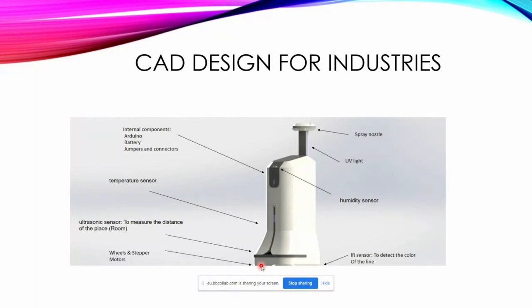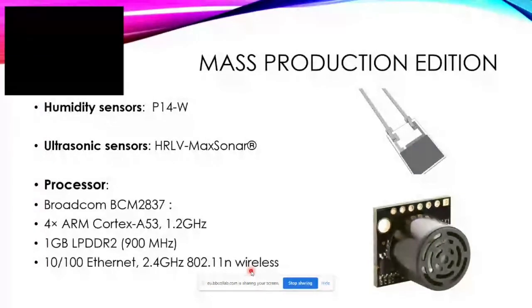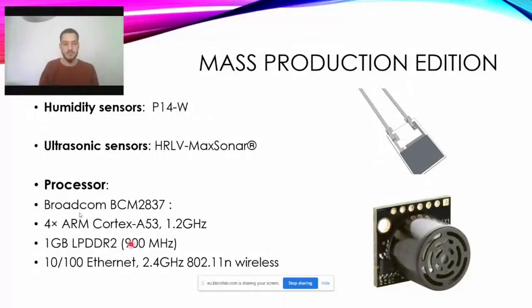So I want to see during the presentations a little bit of talk about why you have selected those sensors, because there are numbers and numbers of humidity sensors and temperature sensors. It should be valid in the project, but during the presentation I expect to hear why you have selected these ones.